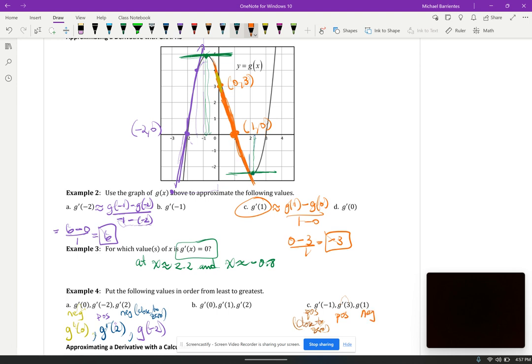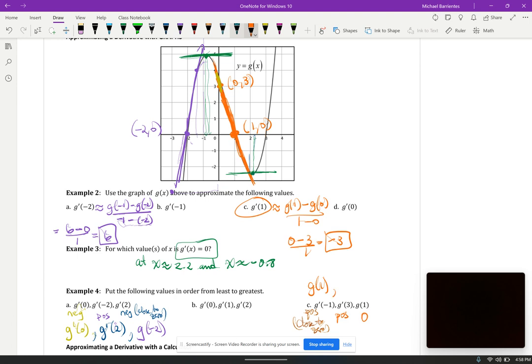All right, so if I had to put them in order, the negative one would come first. Oh, I'm sorry, I misread that. Look at this. G prime is the slope, but g of 1 is the actual value, and the actual value of the curve at 1 is 0. Oh, well, that's still coming first. G of 1, that's 0.